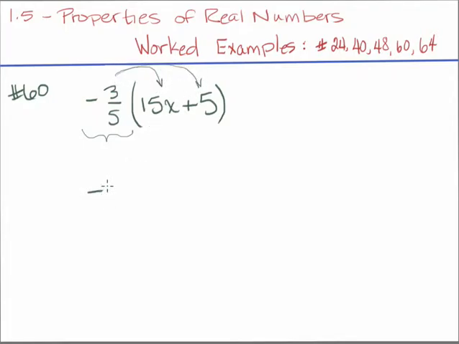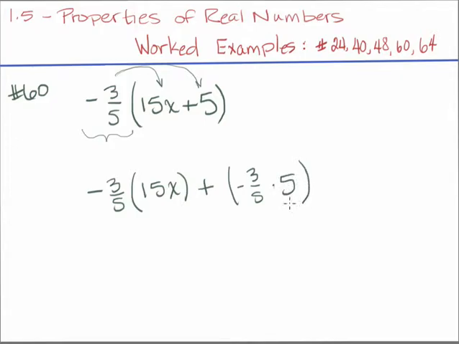So, negative 3/5 times 15x plus negative 3/5 times 5. Now, I need to reassociate these, so negative 3/5 times 15 times x, plus a negative times a positive is a negative.